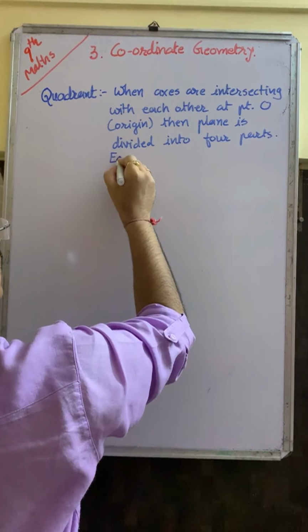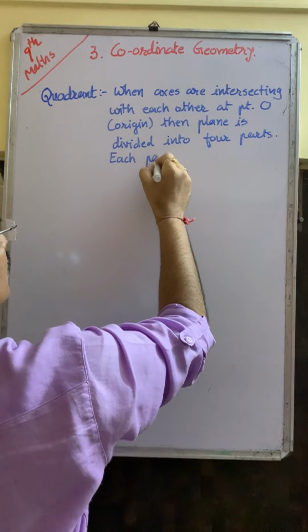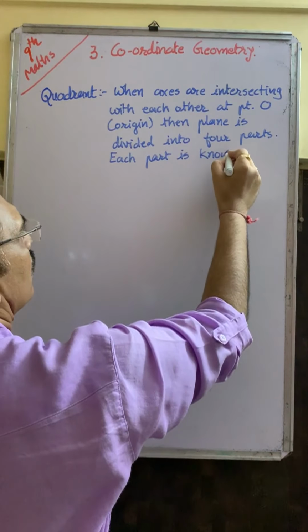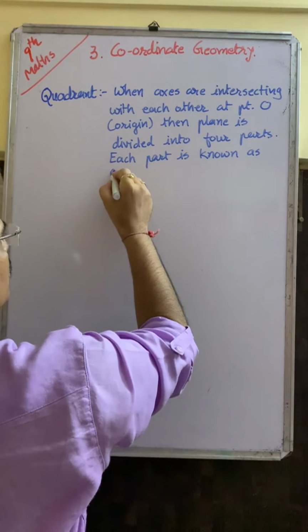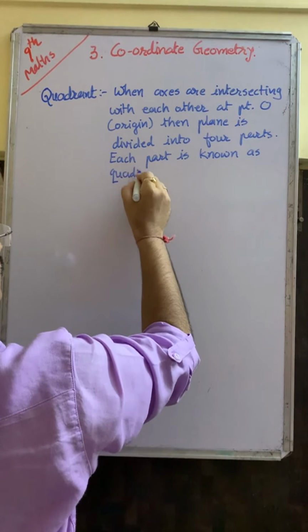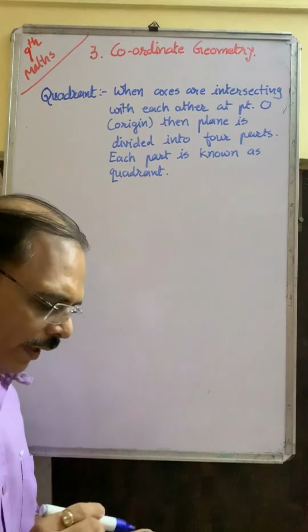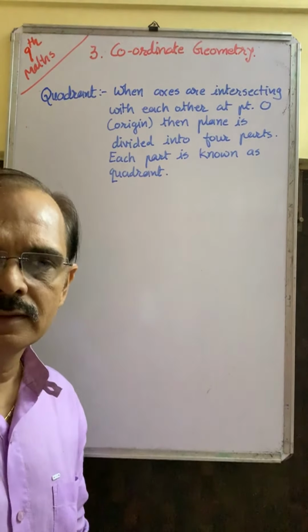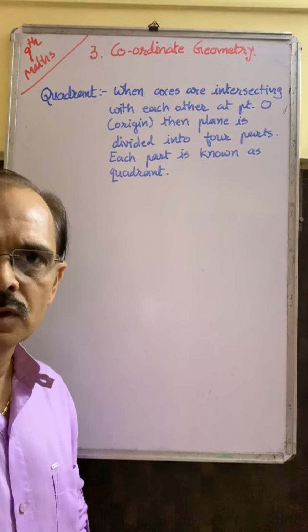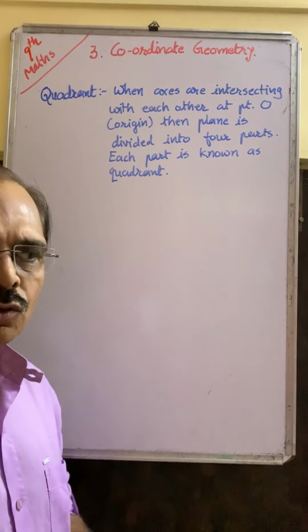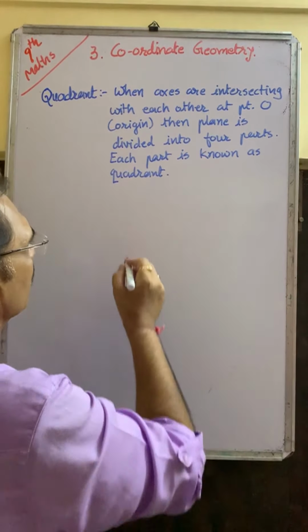Each part is known as a quadrant. Is it okay? So when you draw x-axis and y-axis, they intersect each other at point O, then the coordinate plane or xy plane is divided into 4 parts. See, in this way.